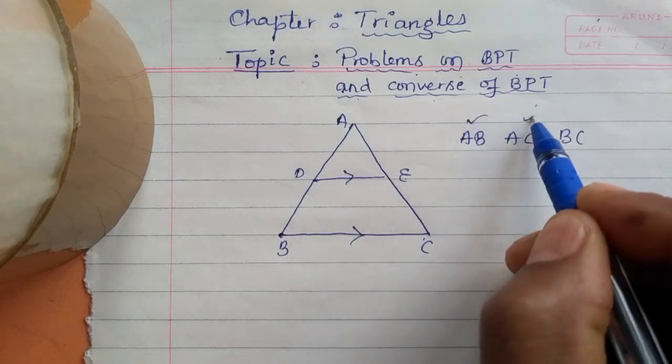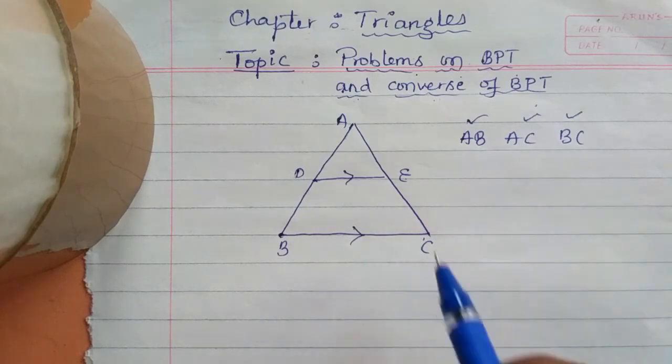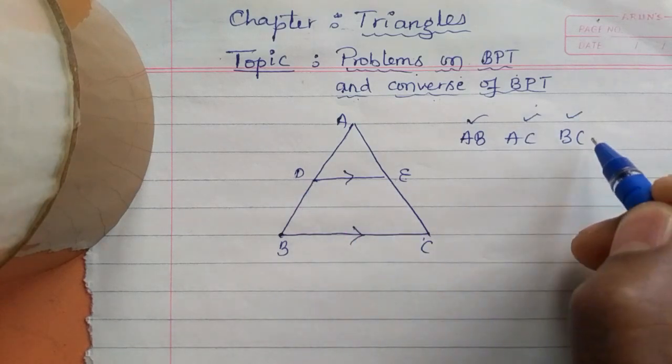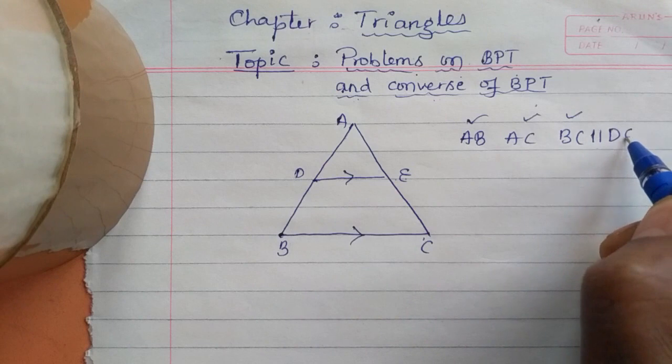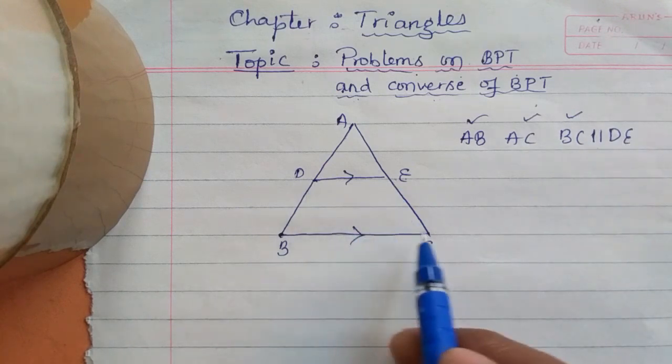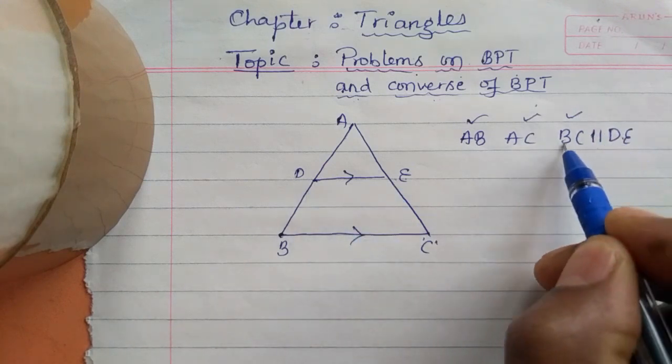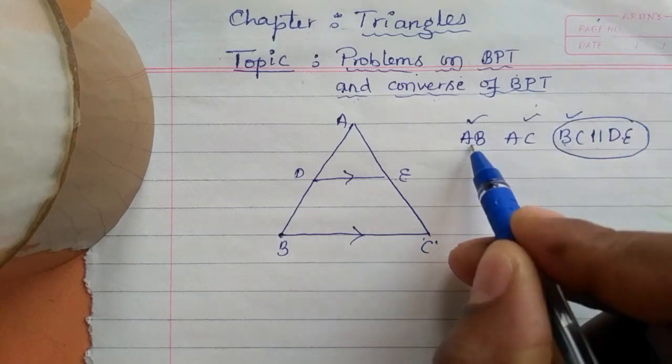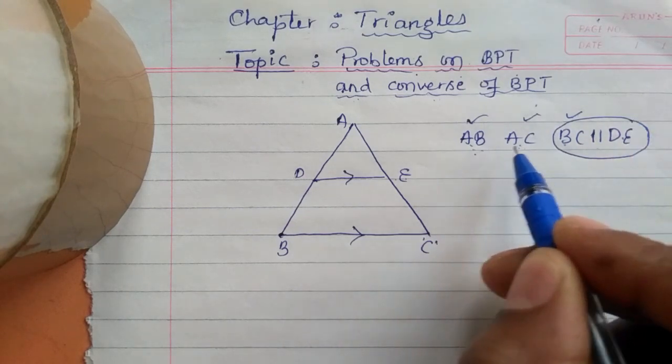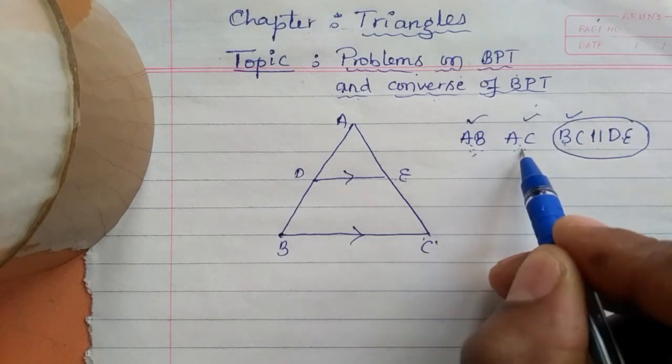Of these three sides, DE is drawn parallel to only BC. What about the remaining two sides? For these two sides, we did not draw any parallel.